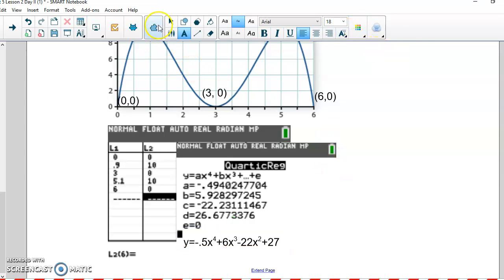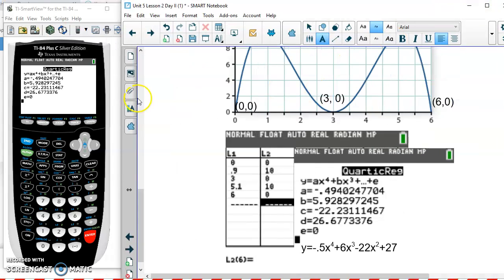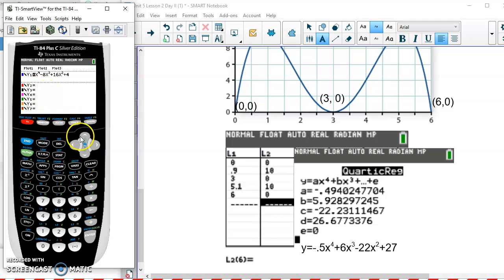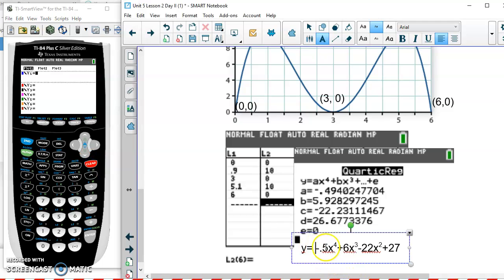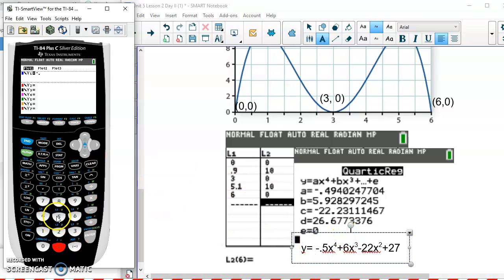Okay? So once we do that, we can actually check to make sure that makes sense in our calculator. So I'm going to turn my plots on. That'll show me my plots, and I'm going to change this equation to the one I just typed in. So that's y equals negative. I like to separate the negative and equal. So negative 0.5 x to the 4.